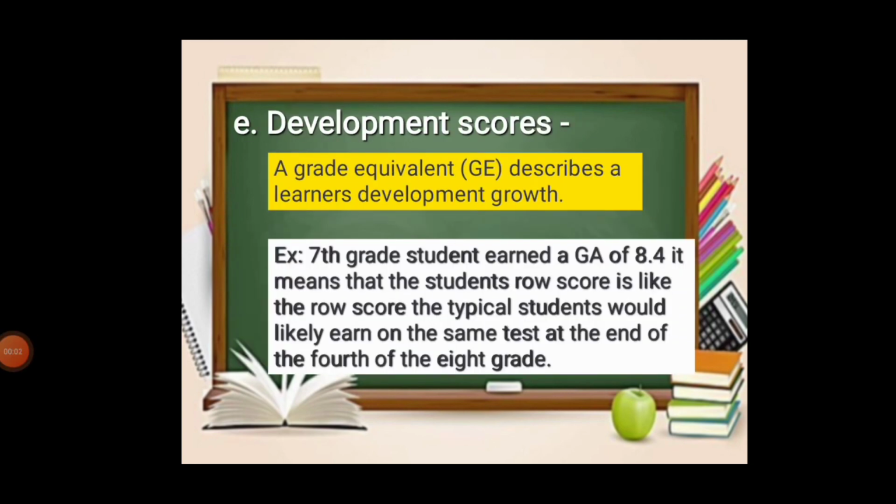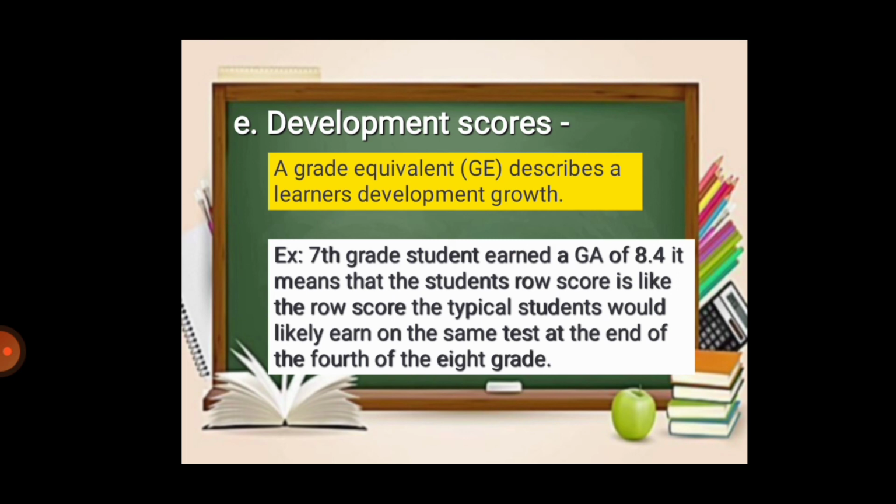Next are developmental scores. A grade equivalent, or GE, describes a learner's developmental growth. It is called grade equivalent because it uses grades of school, second grade, third grade, etc., as a scale of measurement of a student's advancement.